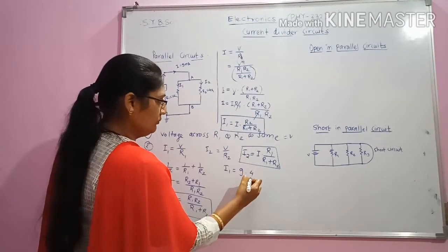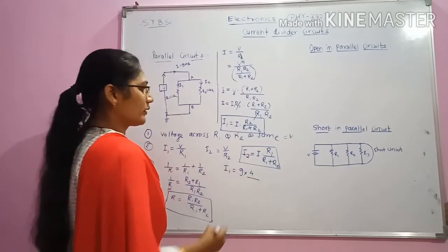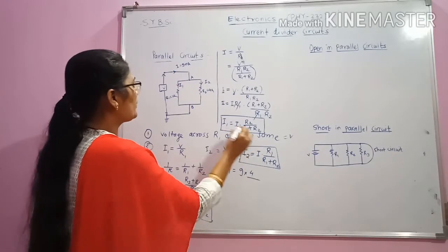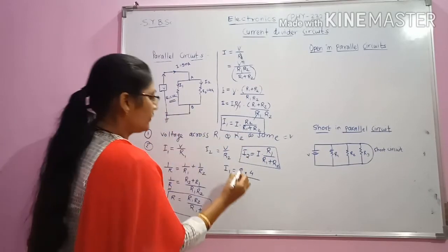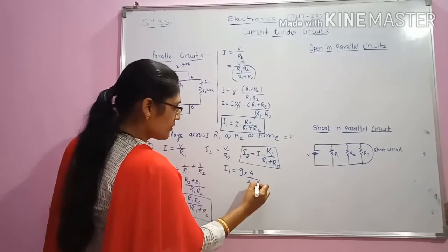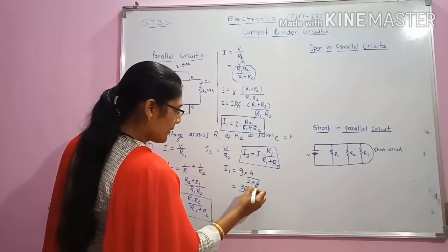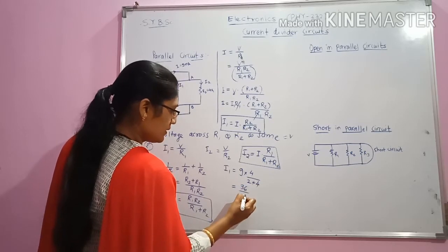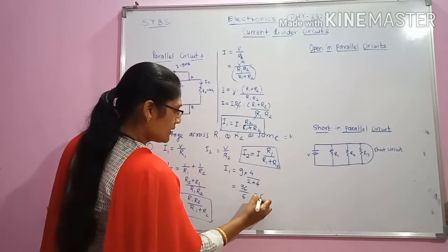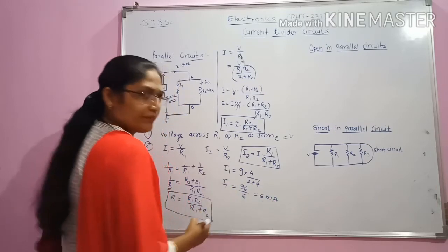R2 is 4, divided by their sum, R1 plus R2. The value of R1 is 2 plus the value of R2 is 4. So this comes out as 36 divided by 6, which is equal to 6 milliampere. This is the value of I1.